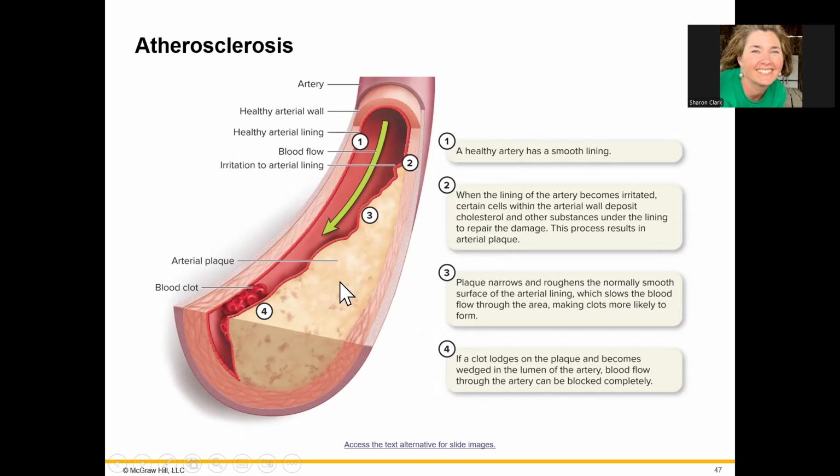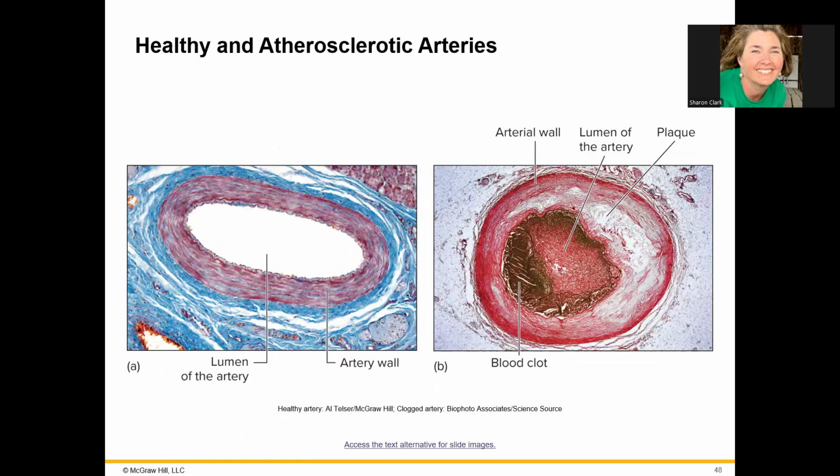And this plaque buildup here is the result of what we call a thrombus, this fixed bunch of blood clots that can remain in place and disrupt blood flow. This is a histograph of a normal arterial lumen and of a blocked arterial lumen.